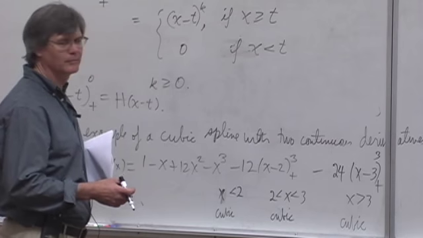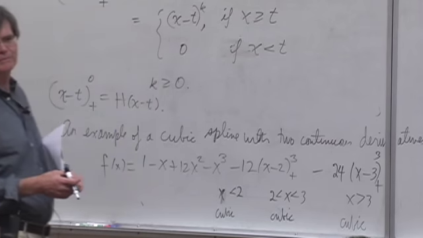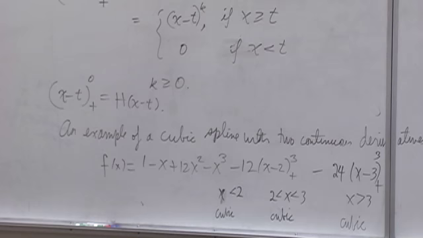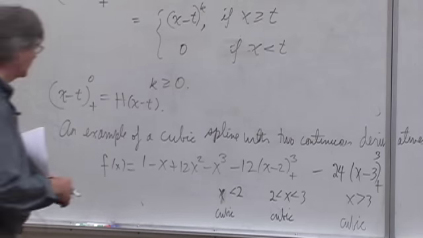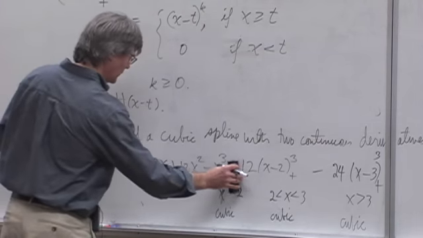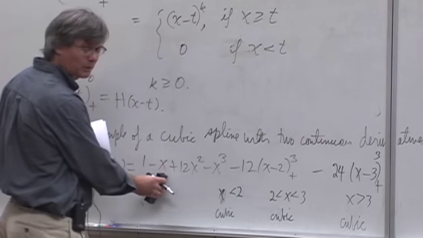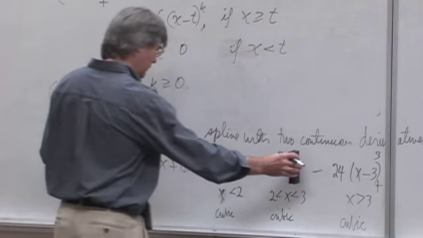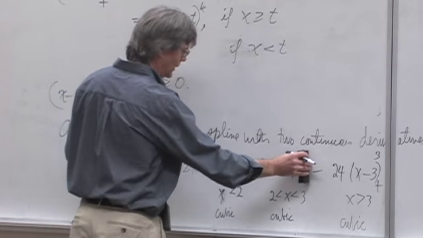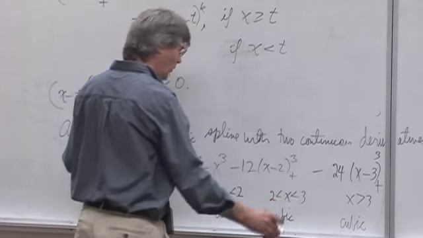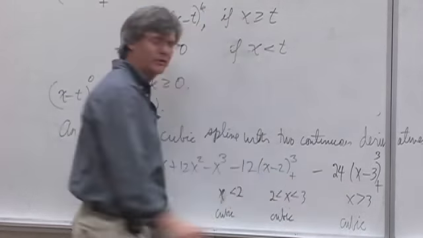That's correct. So it's this piece for x less than 2, the first cubic expression, and for x between 2 and 3, wherever the next knot is, you have this expression, and for the whole gizmo, it's this without the plus signs.